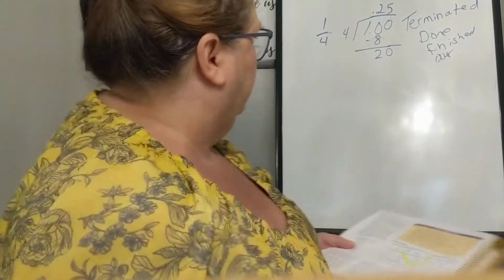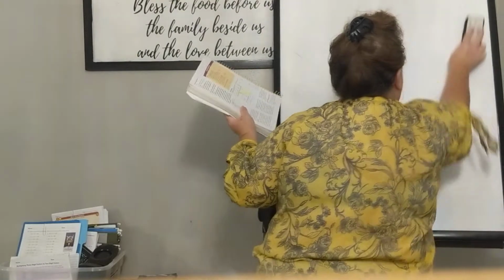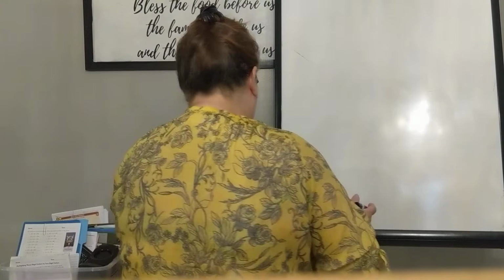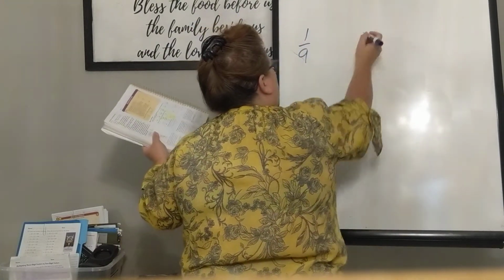All right, so let's go ahead and look at section 1. And our directions say, change these fractions to repeating decimals. Notice the repeating pattern when 9 is the denominator. All right, so we have 1/9, or 1 divided by 9.